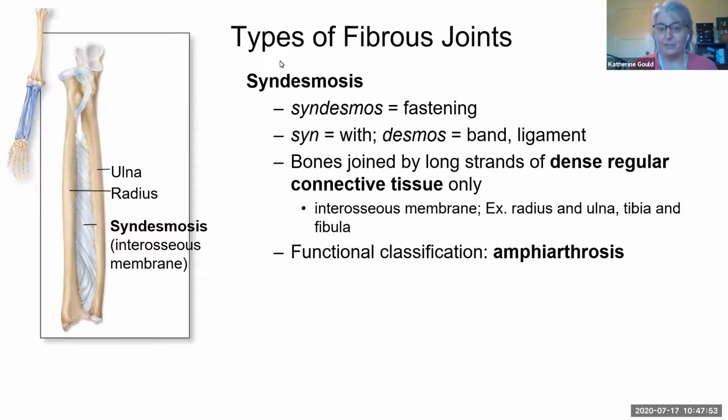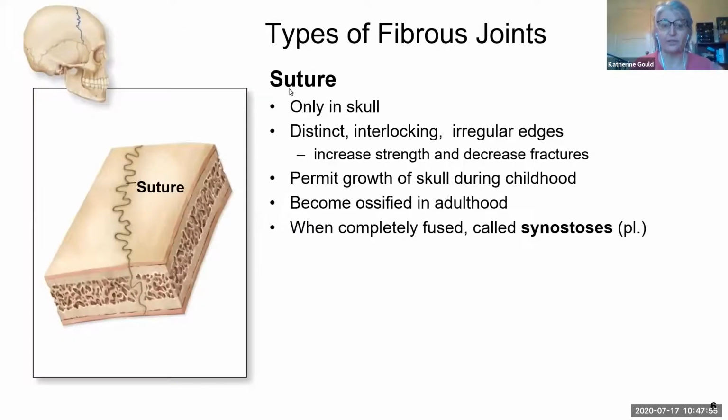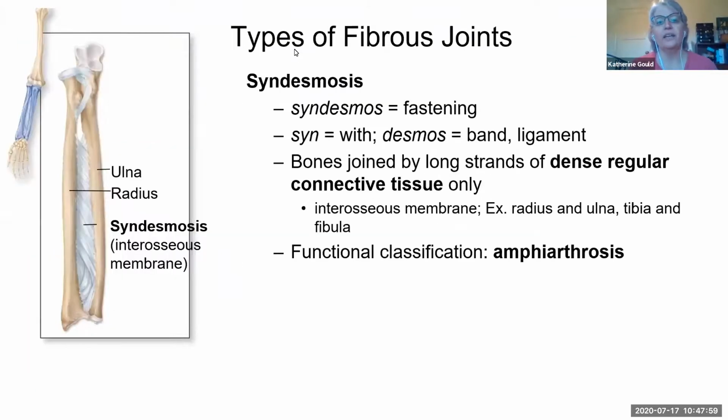A syndesmosis is a type of a fibrous joint. Okay, so a suture is a type of a fibrous joint. A syndesmosis is a type of a fibrous joint. It is, however, an amphiarthrosis. Okay, so it's structurally fibrous, functionally slightly mobile. So the interosseous membrane between the radius and ulna and between the tibia and the fibula, these are considered syndesmoses.